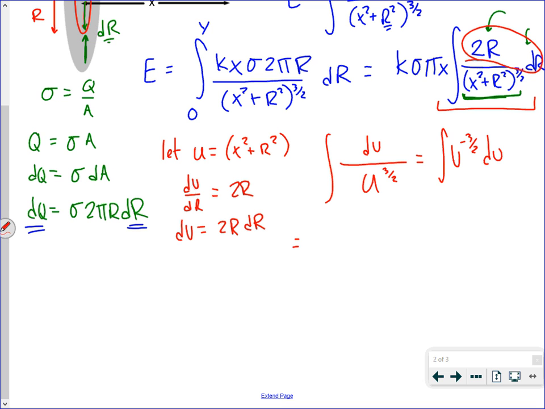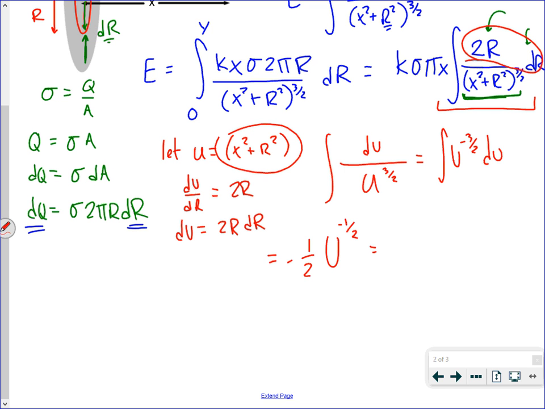So that is, let's see, you put this up one, right, to the negative 1/2 and times negative 1/2. Now, what's u? Well, u is x squared plus r squared.